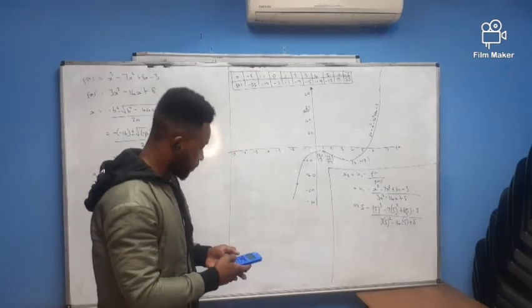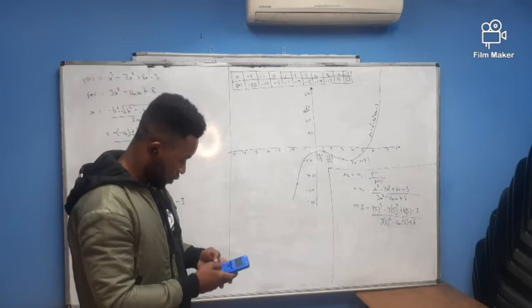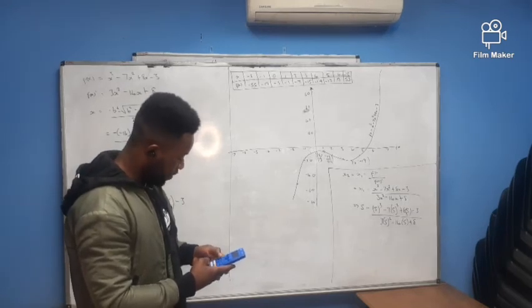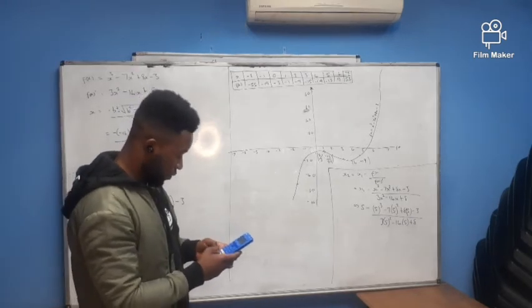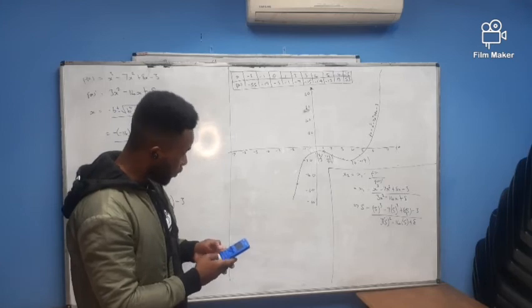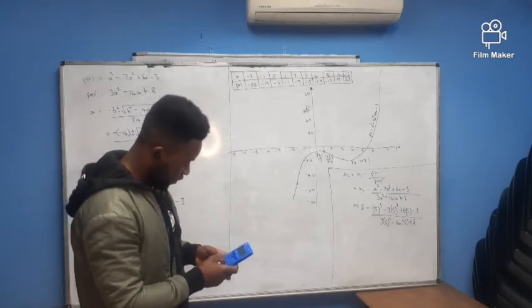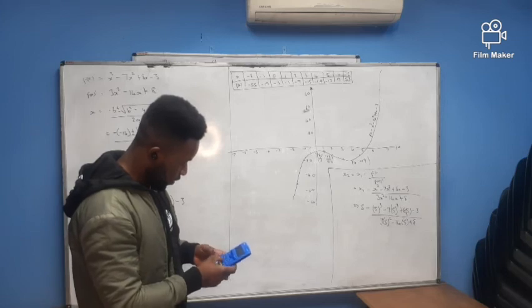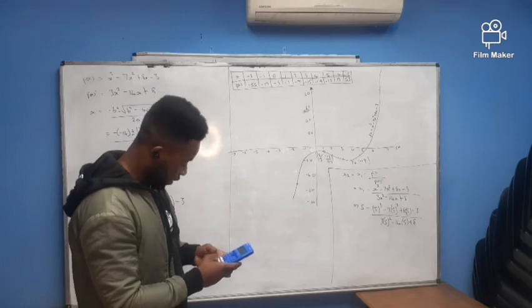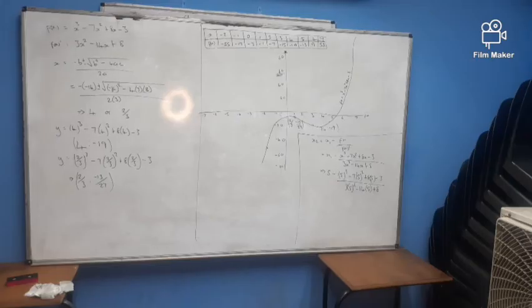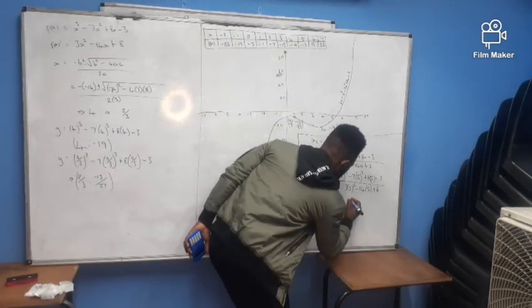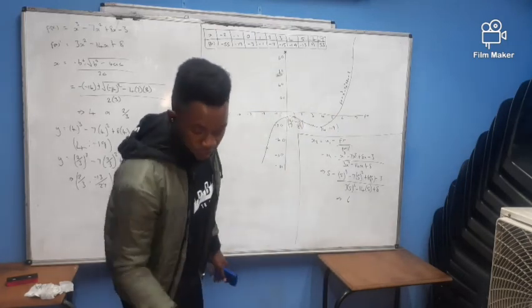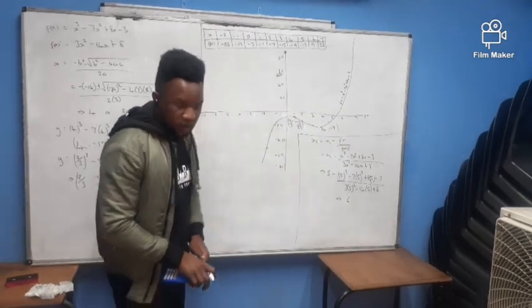So here you will get your answer. Your answer is equal to 6. And then remember, they said your answer must be in 3 decimal places.